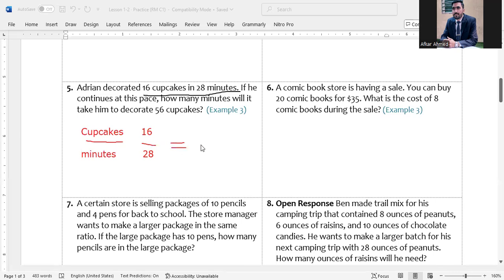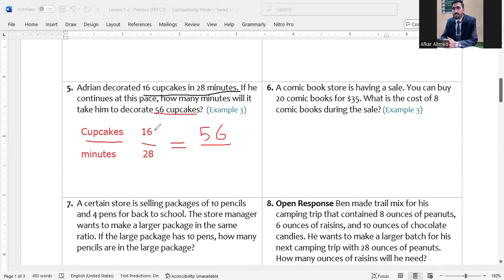Now I will write the second fraction, but what is given and what do we have to find? How many minutes will it take him to decorate 56 cupcakes? So he is saying you have 56 cupcakes. Where are cupcakes? Up here. In front of cupcakes, I will write 56. But he is asking how many minutes will it take. So we need to find the minutes to make 56 cupcakes. This time we will find the relation between 16 and 56.